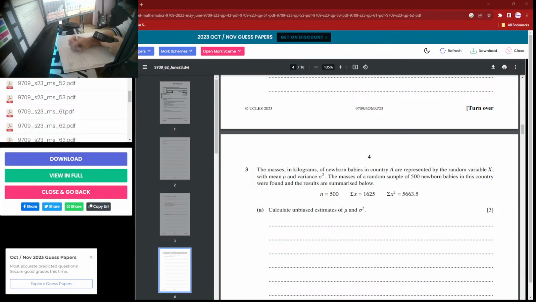And then for the next one, the variance, you will need to do n over n minus 1 bracket ΣX squared over n minus ΣX over n squared. So for this one, you will get 500 over 499 and 5663.5 over 500 minus, for what we calculated just now, 3.25 squared.